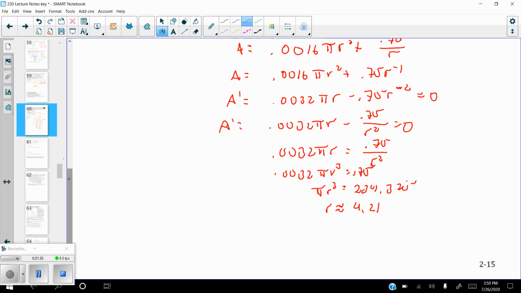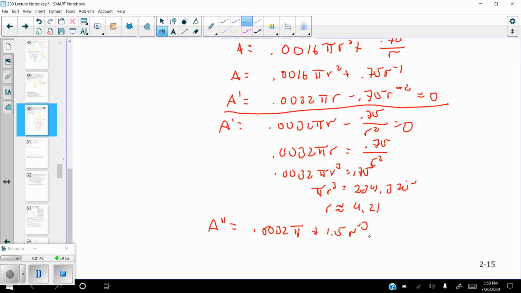We can go ahead and take a second derivative. And the second derivative here, I'm actually going to go from this piece right here. To take the second derivative is going to be 0.0032 pi plus, let's see, 0.75 times 2 is going to be 1.5 r to the negative 3.